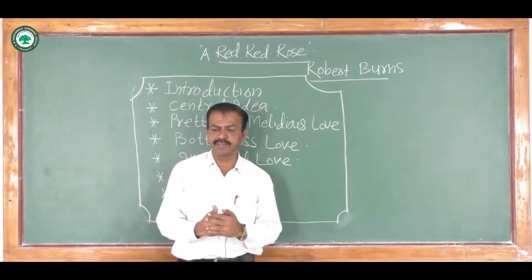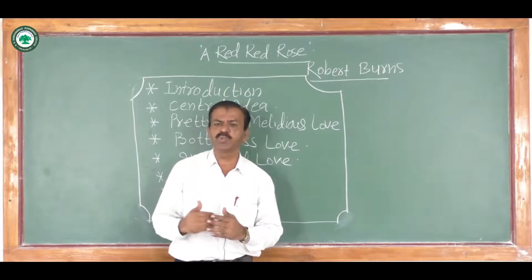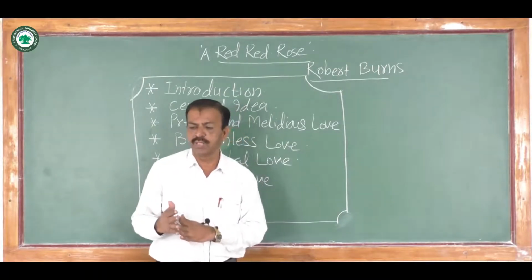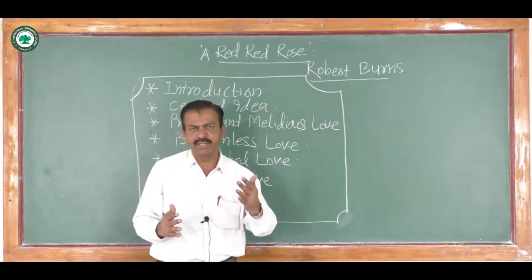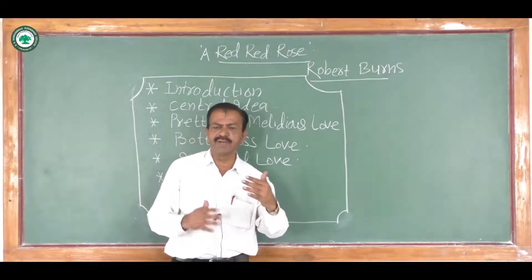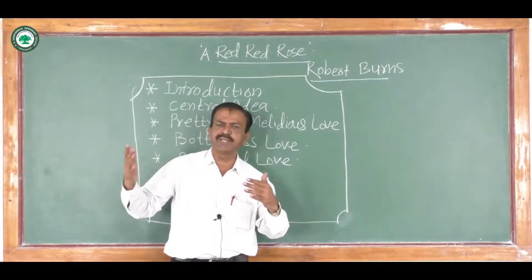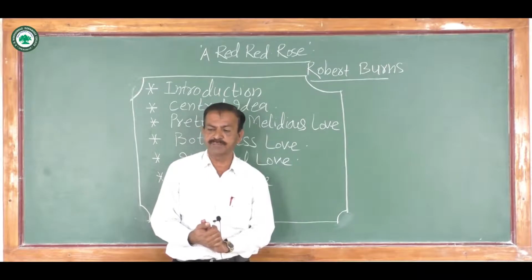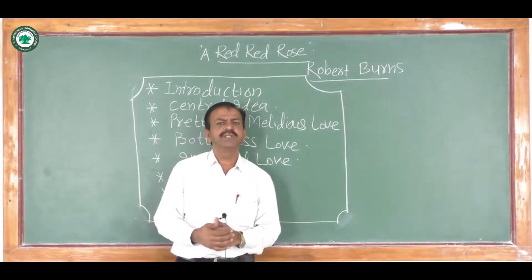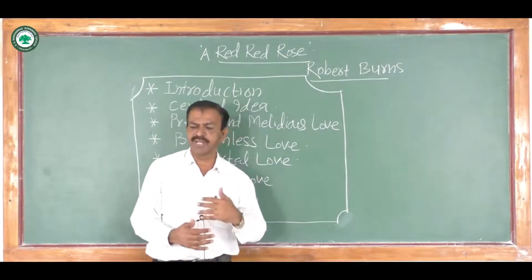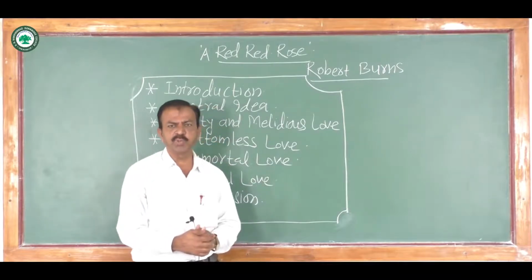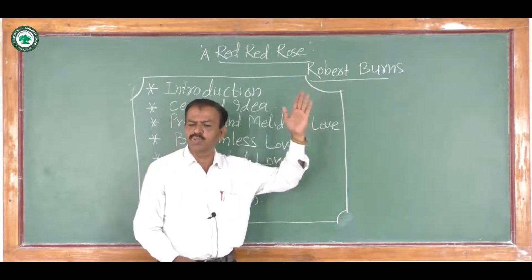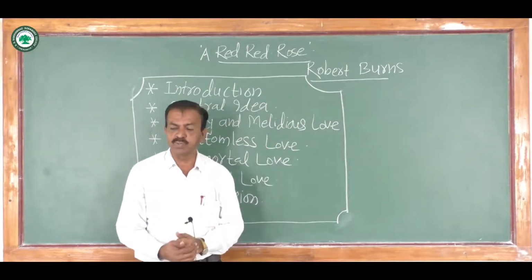Enjambment is also used in the poem, that is, no punctuation mark is used up to the end. The example is, "O my love is like a melody that's sweetly played in tune." So no punctuation mark is used here. Then we have symbols, especially the symbol of love, that is the red rose.